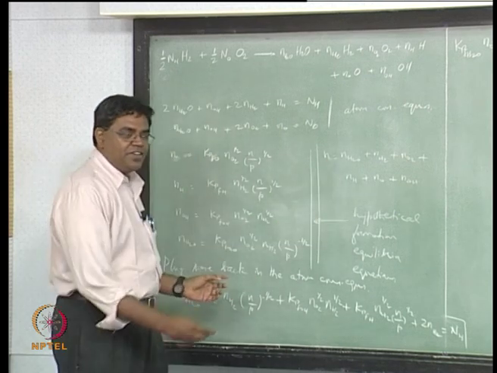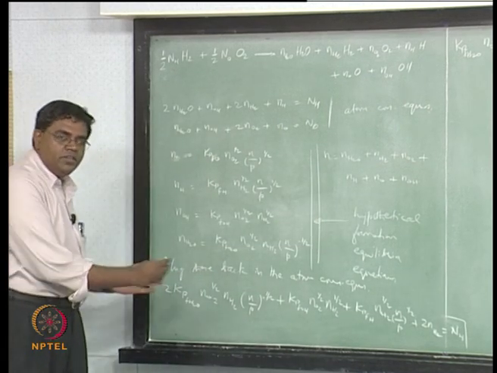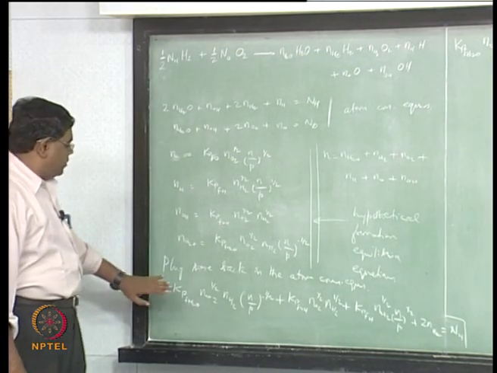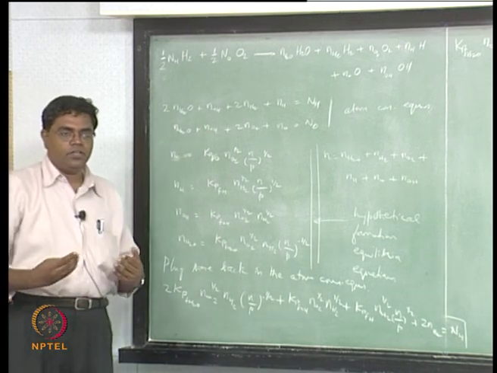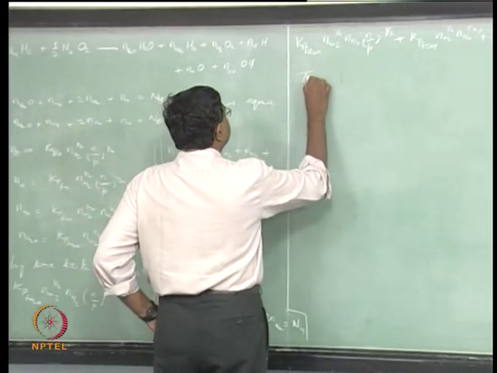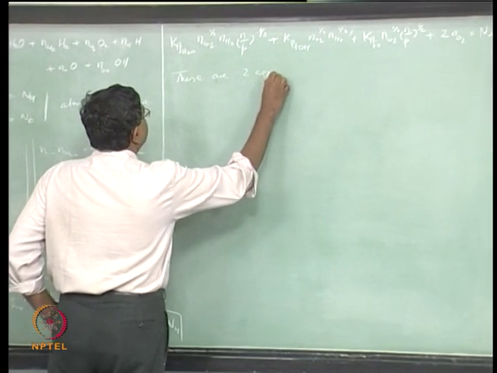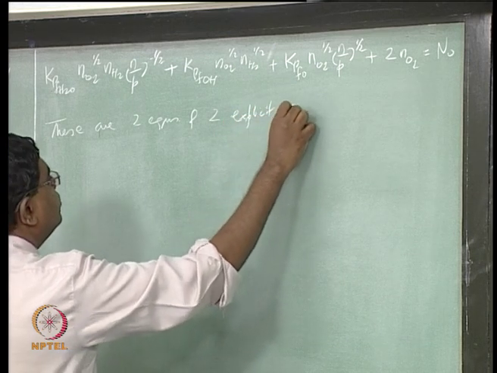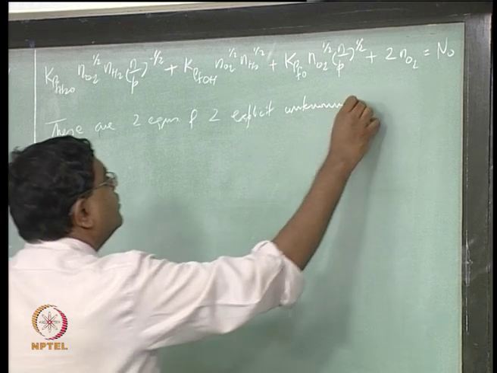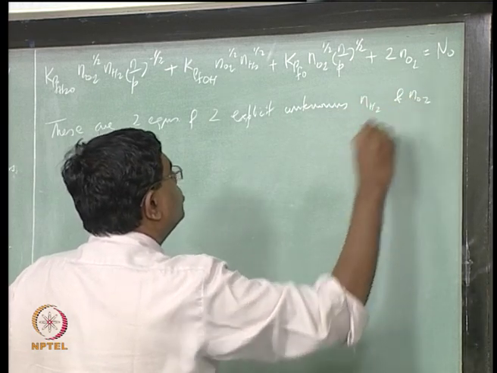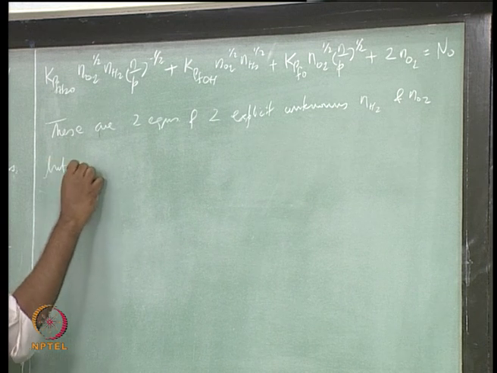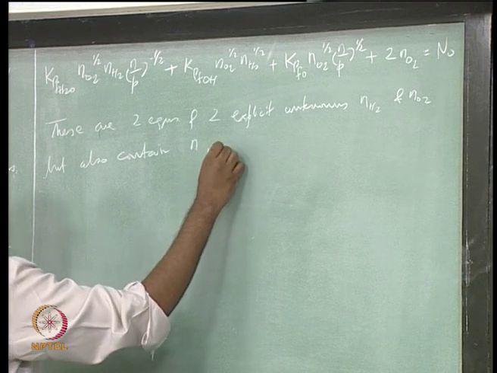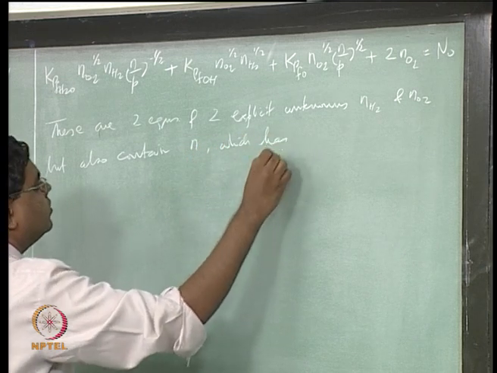So you have not really eliminated the unknowns, therefore all the unknowns are there, so we have to do this iteratively. So these are two equations and two explicit unknowns, NH2 and NO2, but they also contain N which has all the unknowns.